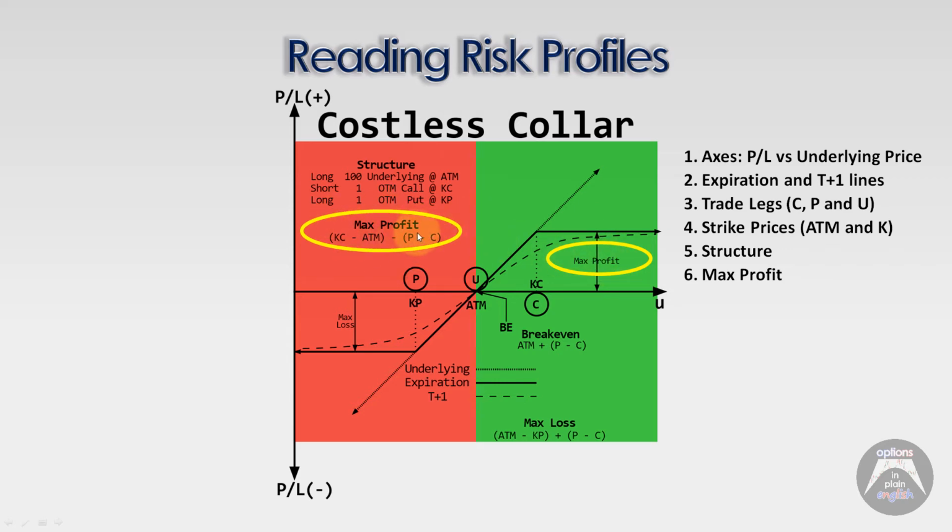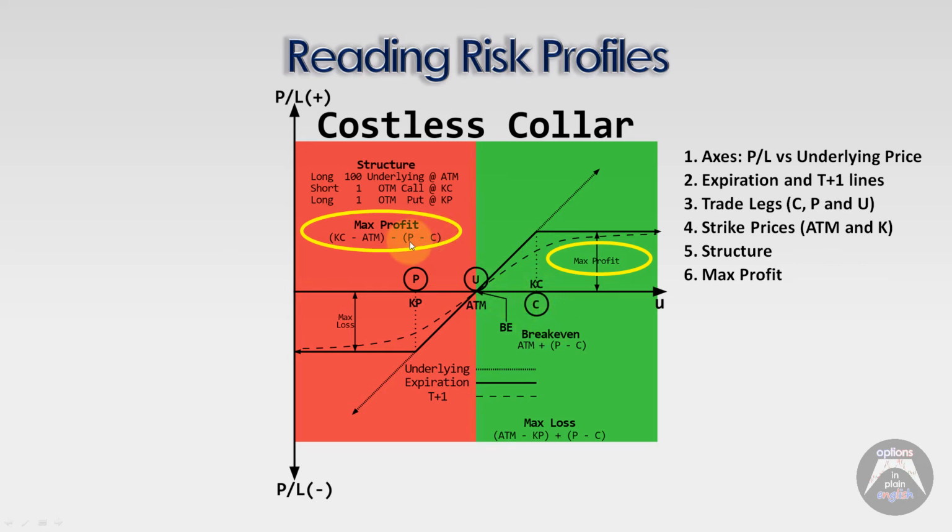So, for example, in this case, what the risk profile is stating here is that the max profit for this strategy is going to be equal to this strike price, KC, minus the at the money, which is where the underlying was bought, minus the cost of the put, which is how much it costs to buy, and minus the cost of the call, which is what you got when you sold the call.